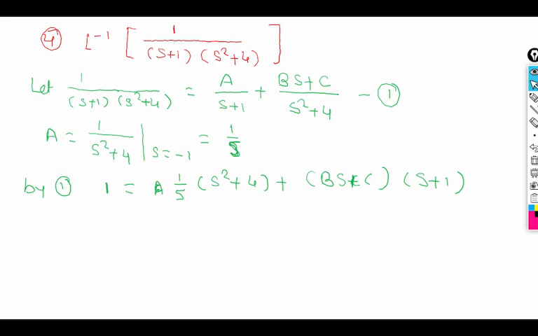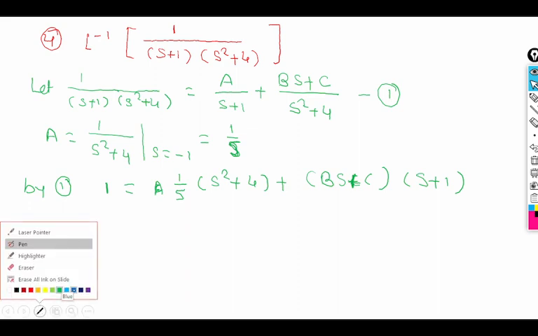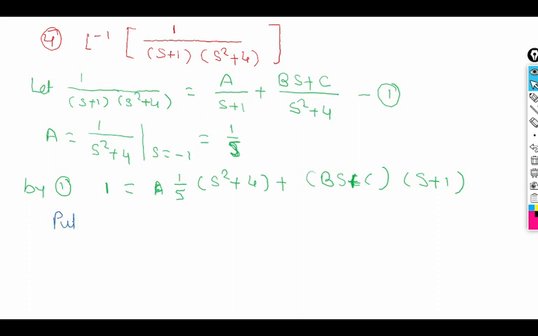Now to get the values of B and C, we should replace two values for s. Minus 1 is already used. The simplest values to start with are 0 and 1, the best two values that we have. So I will start by putting s as 0.